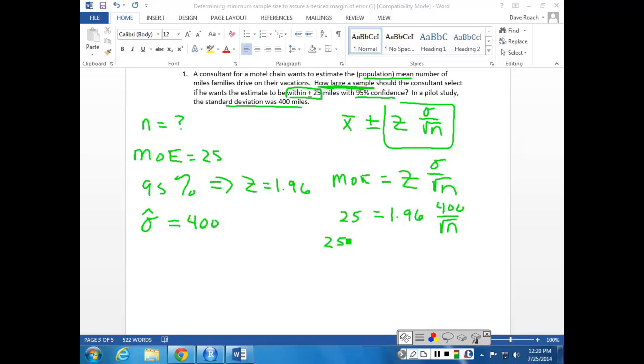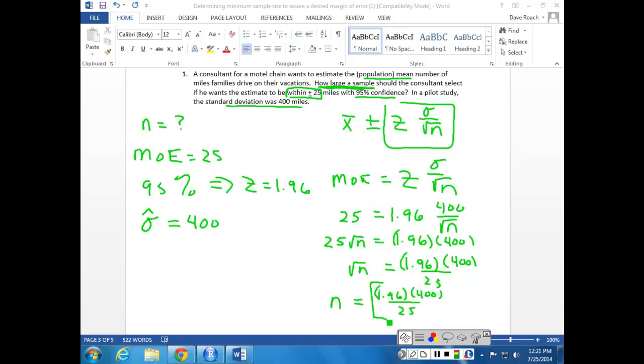Multiplying both sides by the square root of n. Dividing both sides by 25. Squaring everything, so on the left-hand side, just take the radical away. Then 1.96 times 400 divided by 25, take all of that and square it.